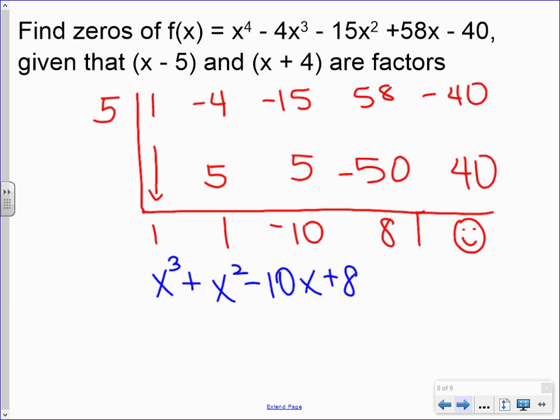We divided by a linear divisor, so now we're left with a cubic function. We can try and factor this by grouping, but how's that going to go for us? It's not going to go very well, because here we're going to have x squared times x plus 1, and here we're going to have 5x plus 4. Since those aren't in common, we can't factor by grouping. So what are we going to have to do instead?